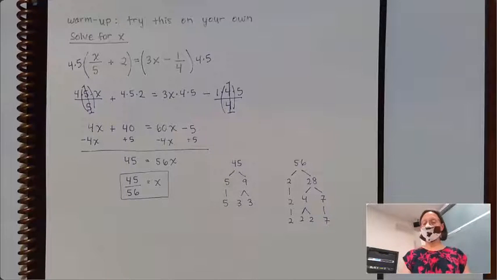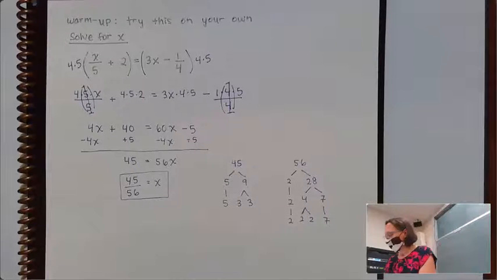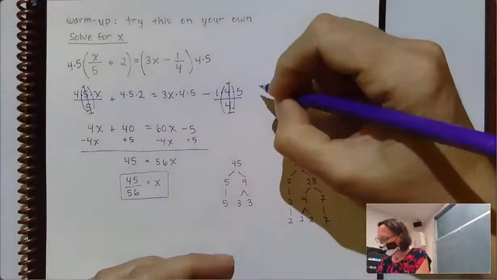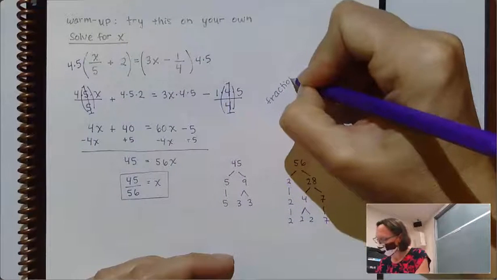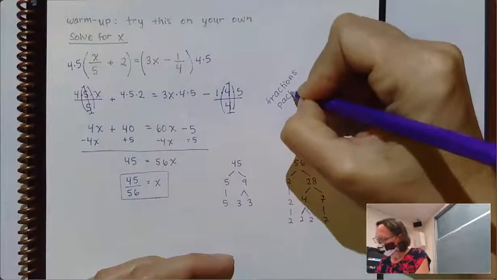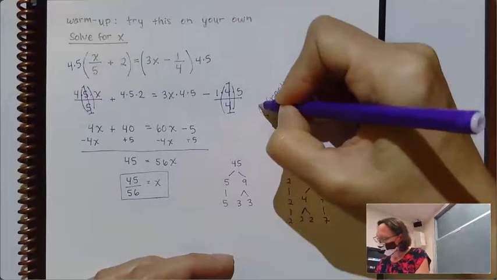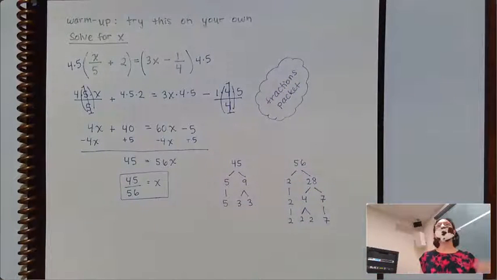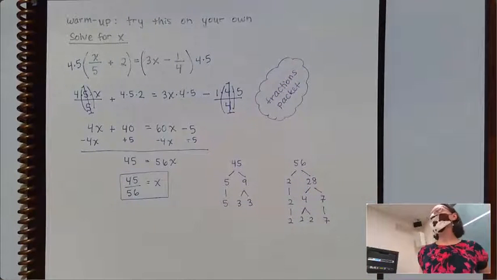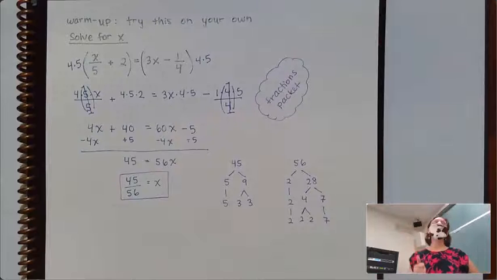But if you are looking in Canvas, you probably want to take a look at the fractions packet, which talks about when we have to get a common denominator and when we get to eliminate the denominators.